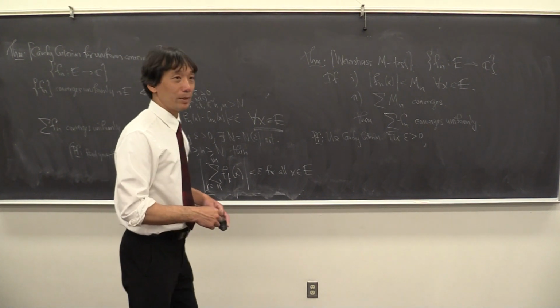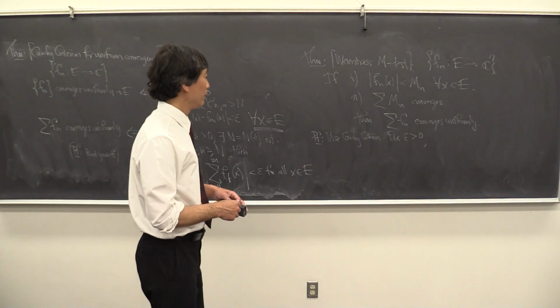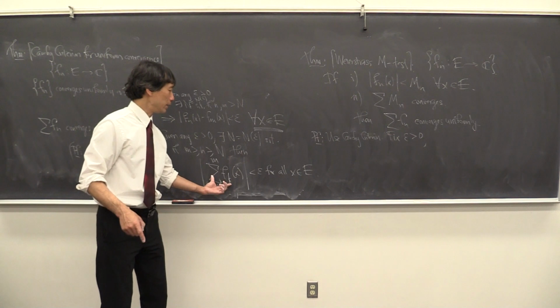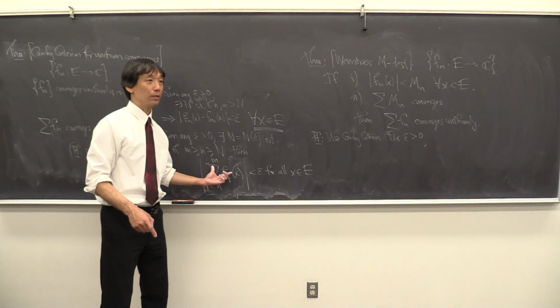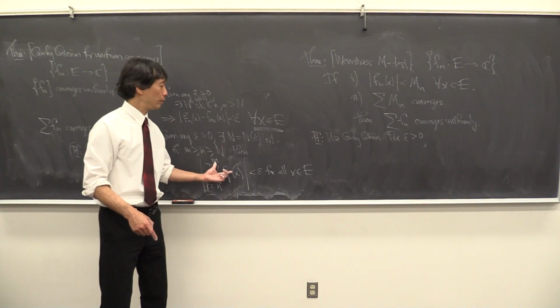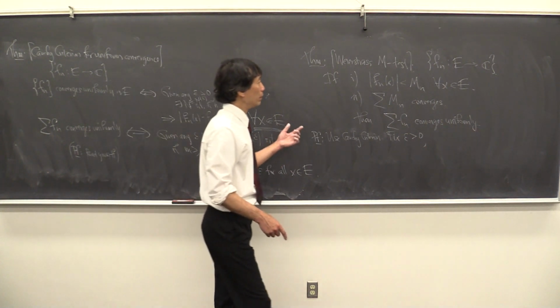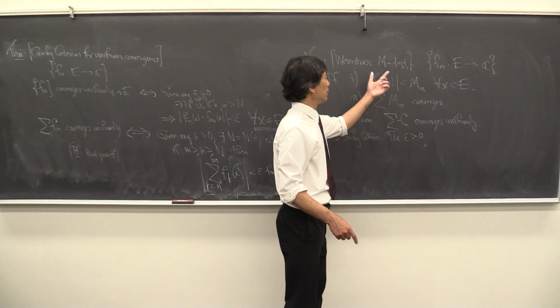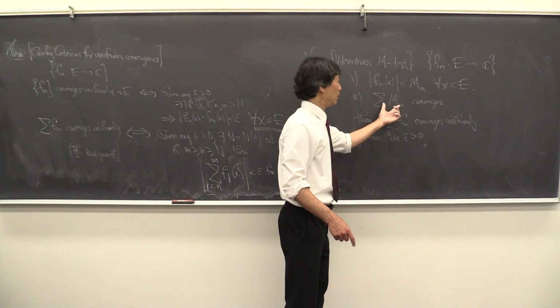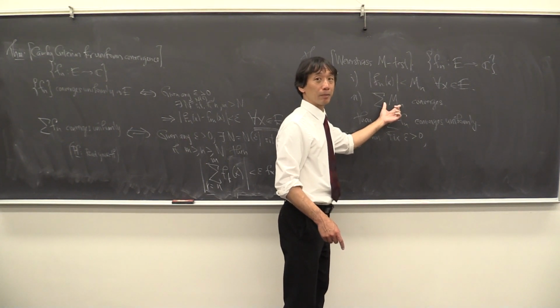Okay, so can anybody see how we might do it? We want to find an n past which the size of the tail is smaller than epsilon. What do we have? We have that each of those terms is bounded, and the sum of the bounds is finite, so this thing converges.